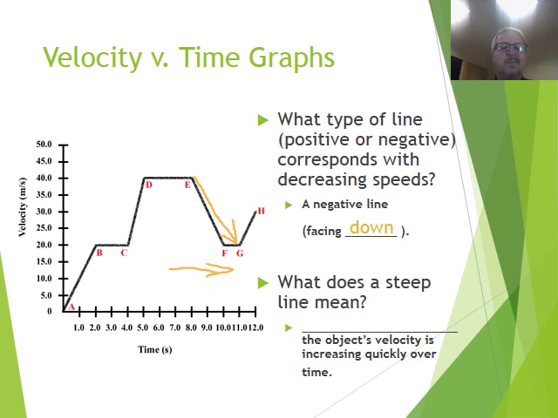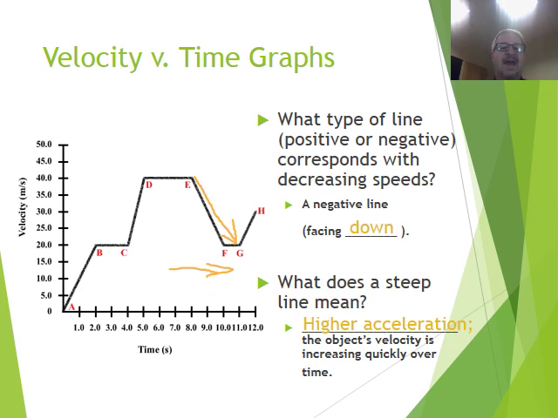So what does a steep line mean compared to a shallow line? So this would be steep, this would be more shallow, almost horizontal, it would be less steep, right? This would be steeper. So what does that mean? Well, it means that it has higher acceleration. So that means that the object's velocity is increasing quickly over time.